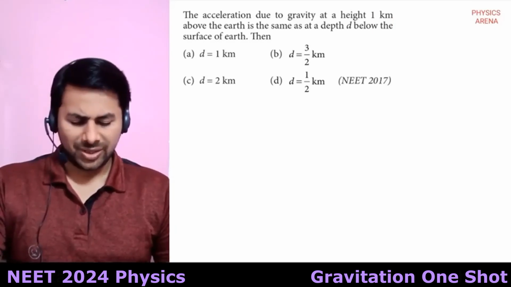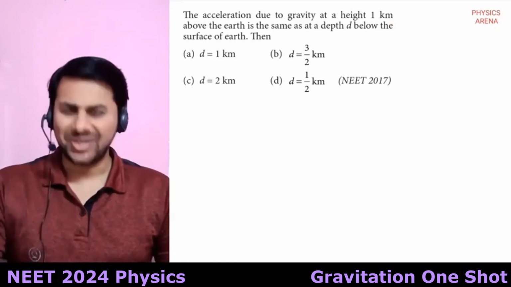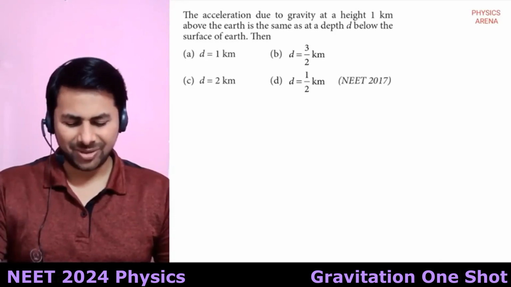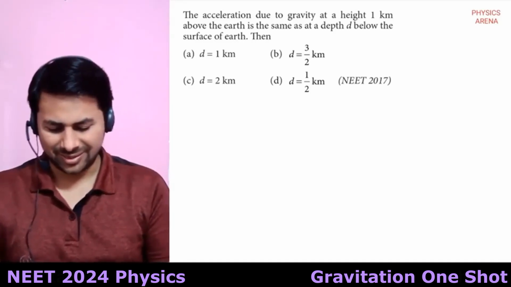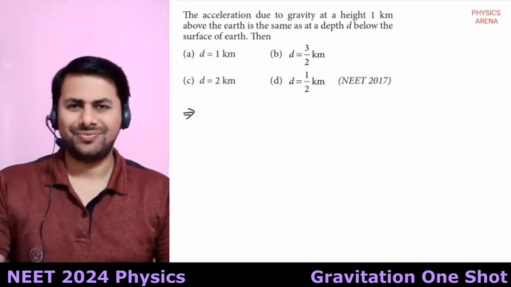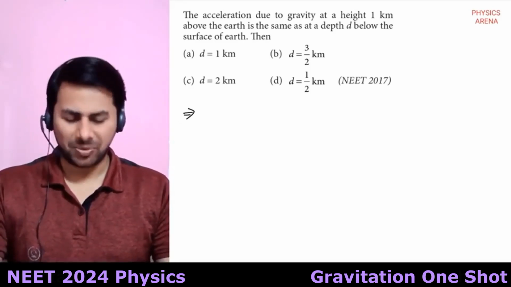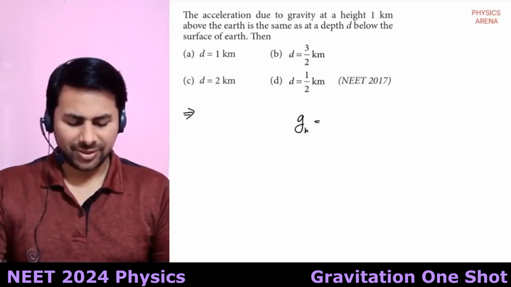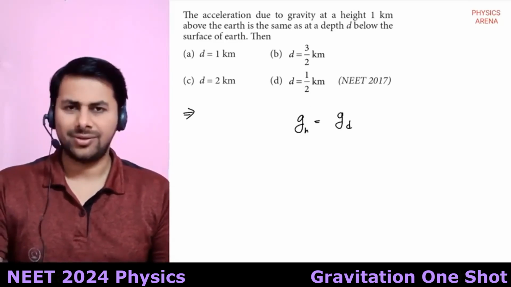Now, the acceleration due to gravity at height 1 kilometer above the earth is the same as at depth d below the surface of earth. Then which formula to use? gh is equal to gd.